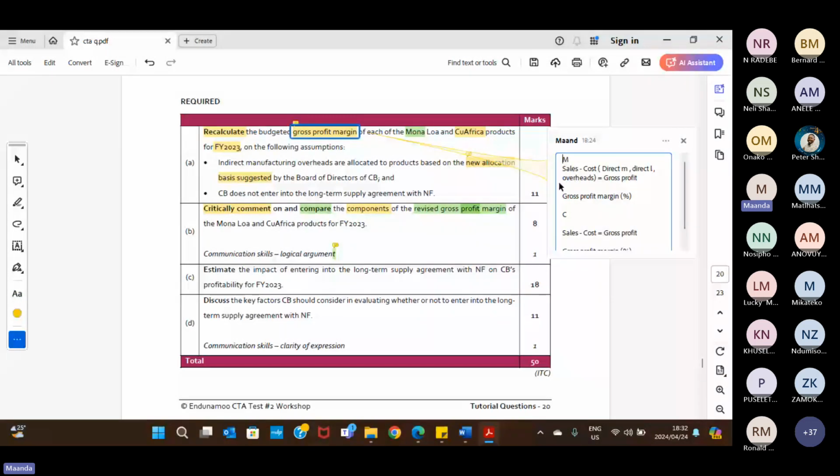The cost will be divided into direct material, direct labor, or overheads. The overheads will be divided into different activities as well. So already you can see you have a lot of things to talk about, right? Because if I go to the overheads only, we divide them into activities, and I have a lot of activities that I need to touch on if I break down what makes up the component of the overhead.